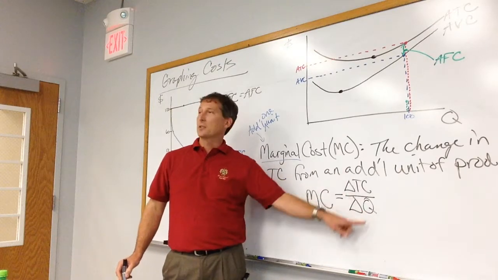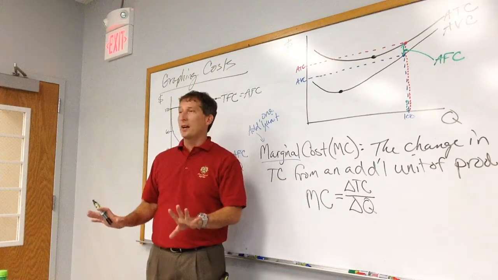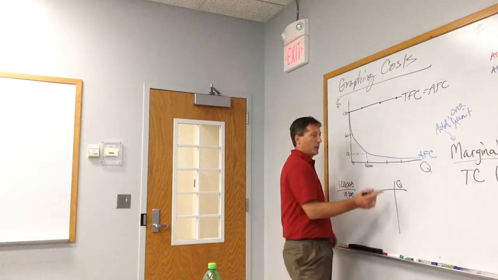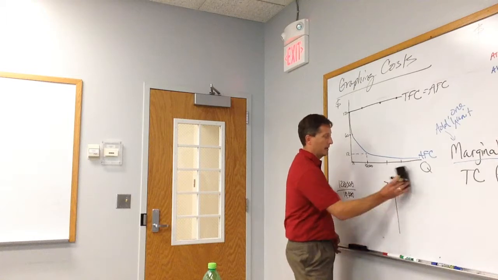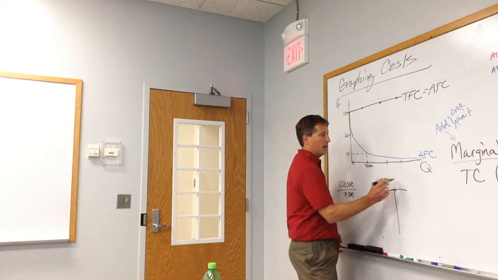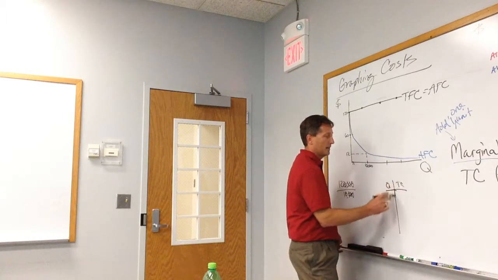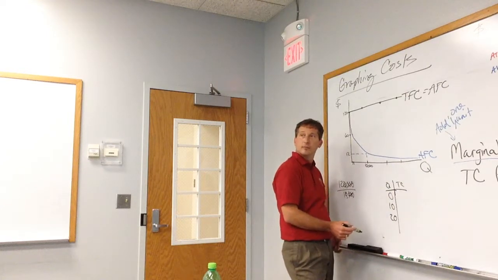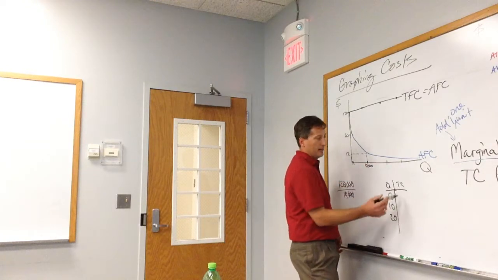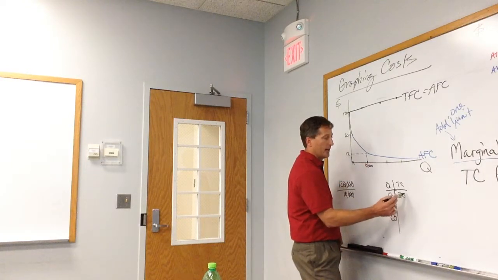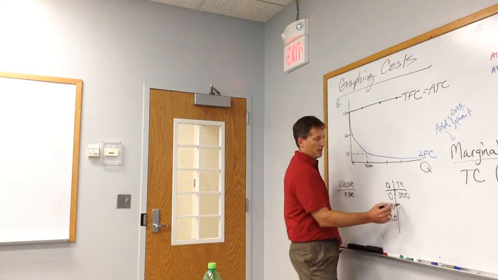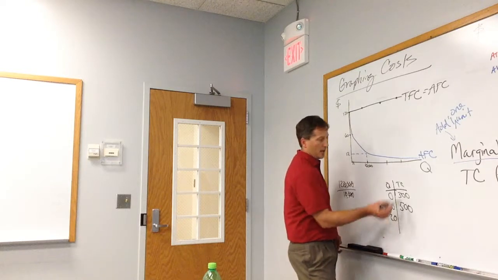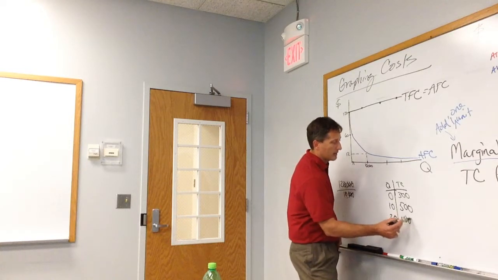But the reason we write it this way is that sometimes when we have our schedule goggles on, those schedule goggles might take us down this path where we have total cost the other way. I've got quantity and total cost here, and it goes from 0 to 10 to 20. I have data that this runs $300, then it goes up to $500, and then it goes up to $1,000.